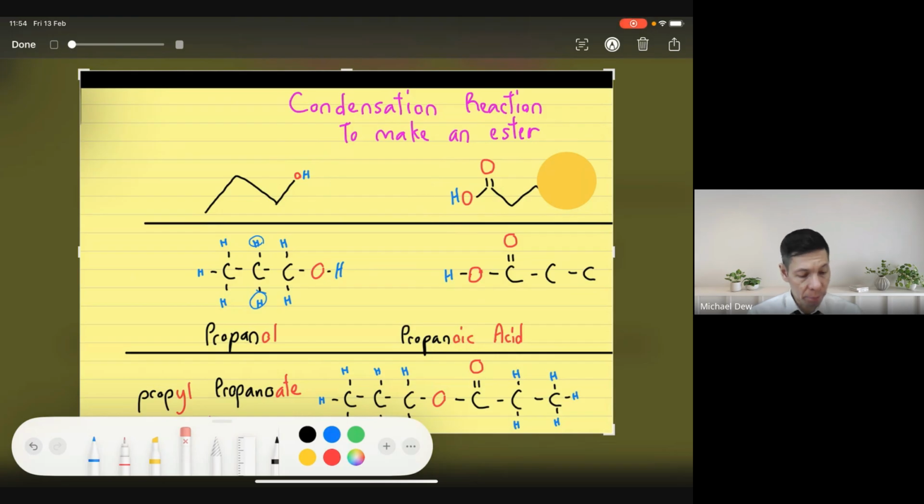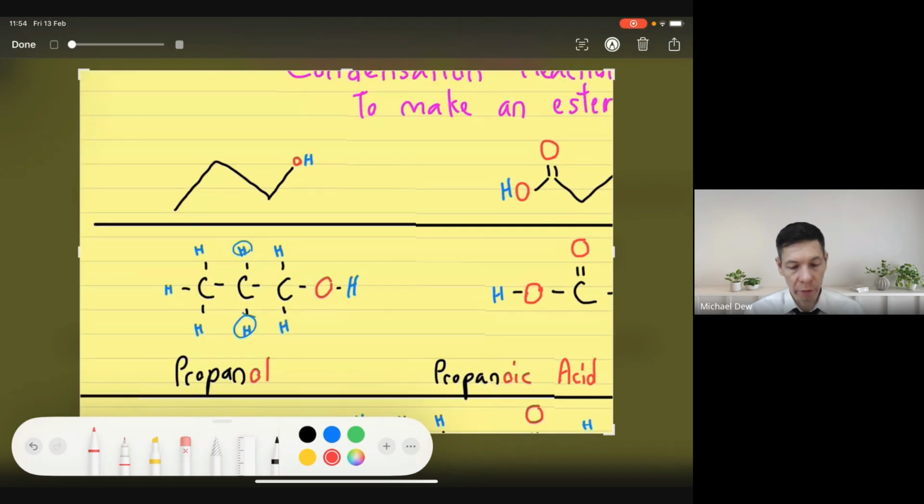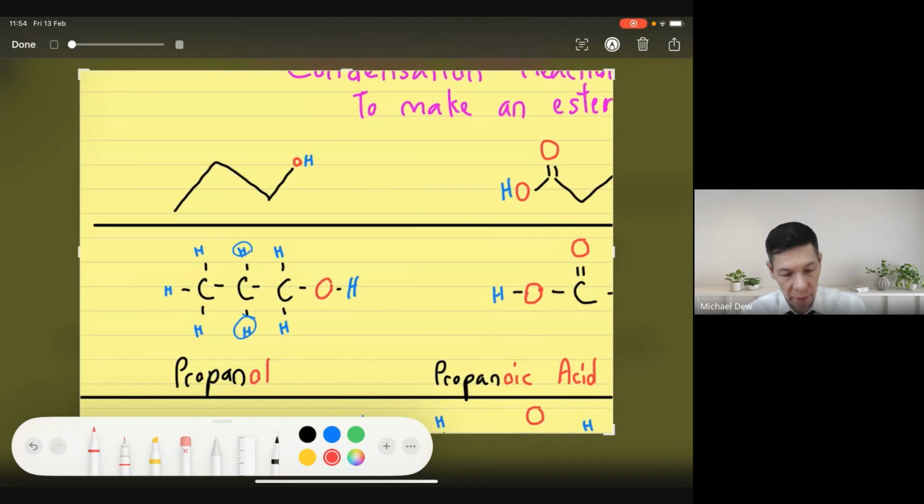An ester bond, if you remember from class, is the carboxylic acid reacting with the alcohol group, and these 2 are going to connect. In order for that to happen, we need 3 atoms to come out in total from these 2 reactants, and that's going to be H2O. Which atoms need to come out? If you take a look at the alcohol, the first one that comes out is this hydrogen.